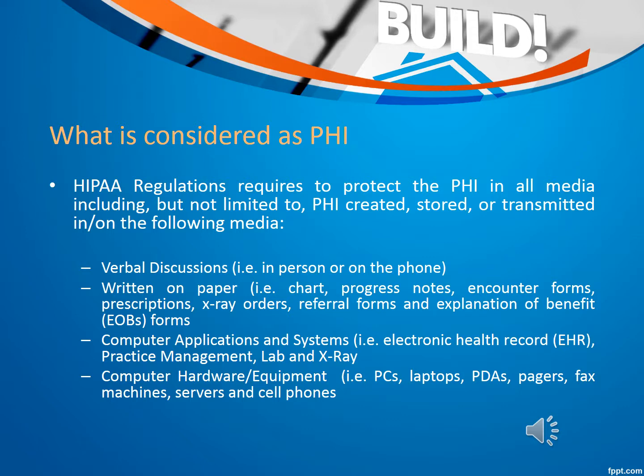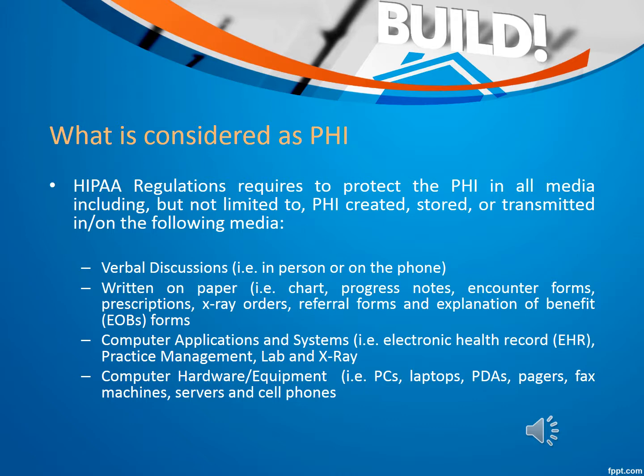So let us understand what is considered as PHI. The HIPAA regulation requires to protect the PHI in all media, including but not limited to PHI created, stored, or transmitted over the network on the following media.